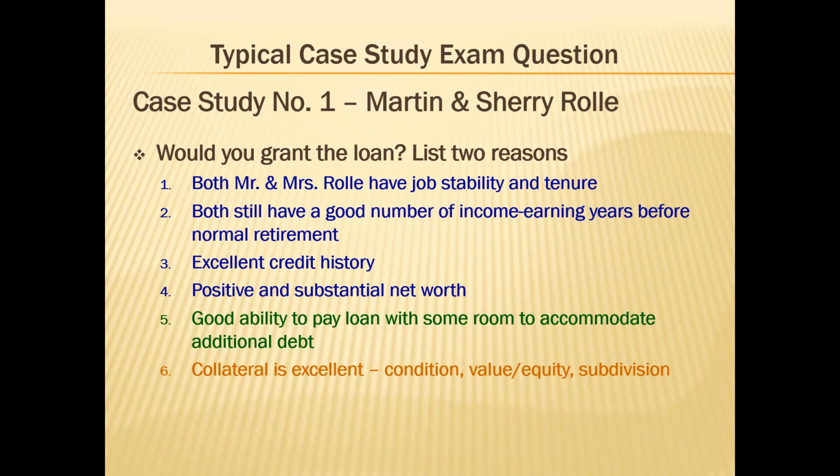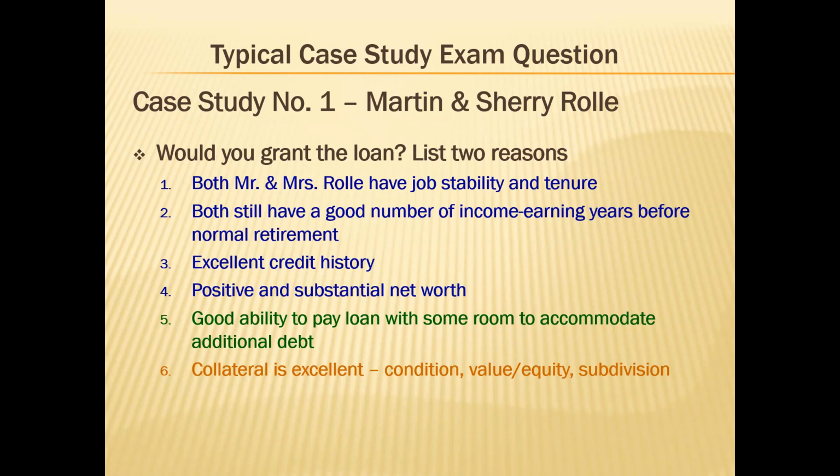The subdivision is an upper middle class subdivision that looks like it's continuing to improve. Mainly you have single family residences in there, and this particular property is quite a ways off from the upper limit of the value range.